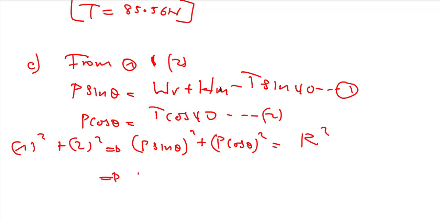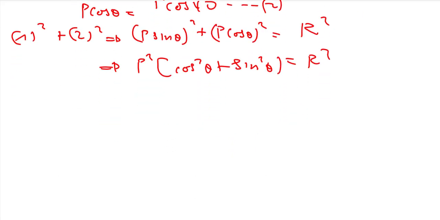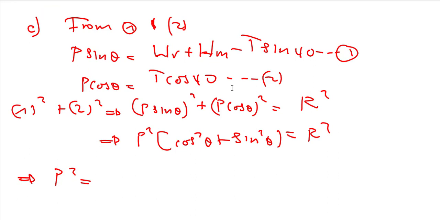So P squared can be factored out into cos squared theta plus sine squared theta, and this will be equal to R squared. Now cos squared plus sine squared is 1, so P squared will be equal to, let's do the numerical application.